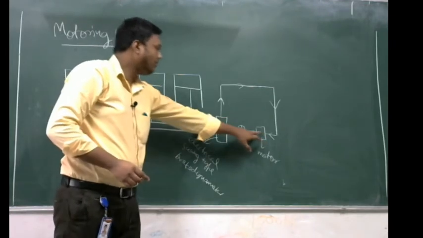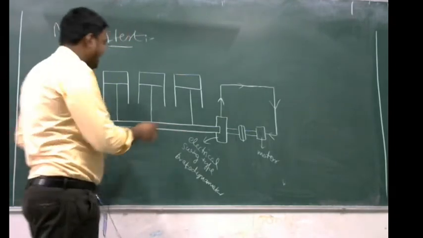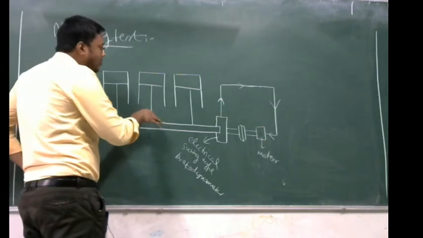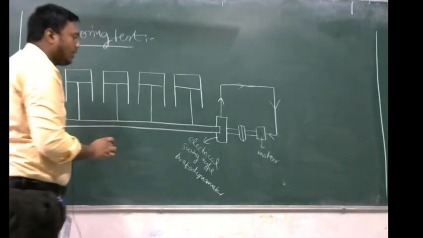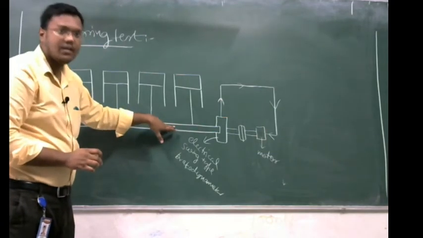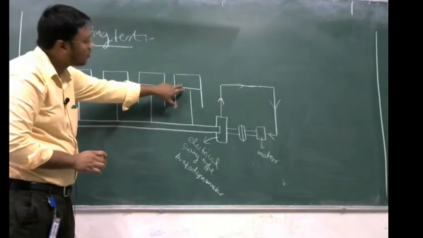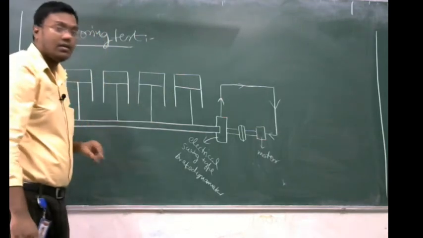So when the motor runs, the crankshaft will also run. When the crankshaft runs, it works against the frictional force between piston and cylinder. If we rotate this crankshaft, it will rotate against the frictional force which is between piston and cylinder.